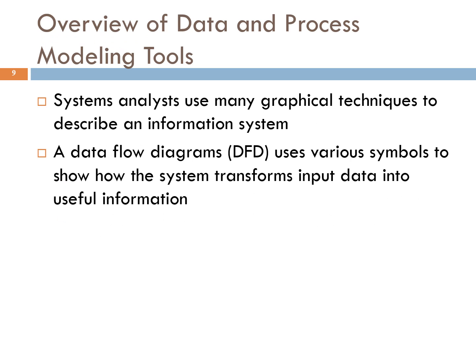A model, as we have mentioned before, is a representation of the actual information system. One graphical technique to build an information system model is to use a DFD, a data flow diagram.